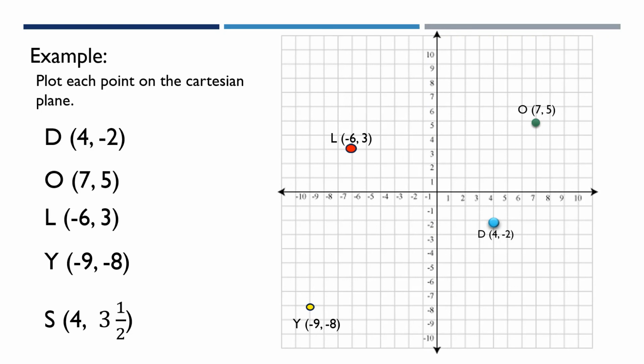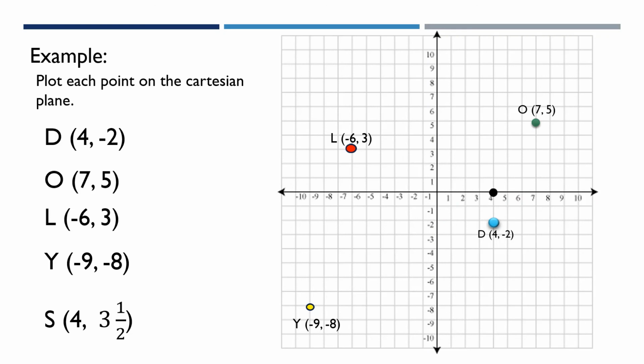Now, so what if the x or the y value consists of a fraction? So let's try point S. Point S with the x value positive 4, so moving from the origin, moving 4 units to the right.